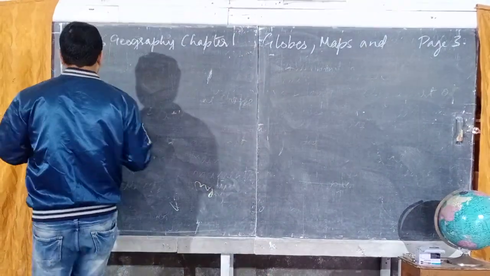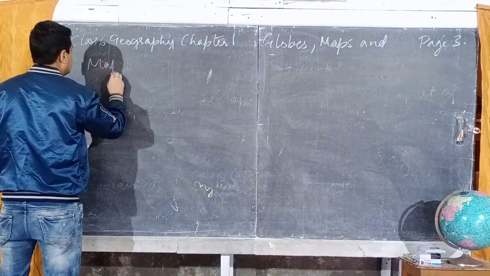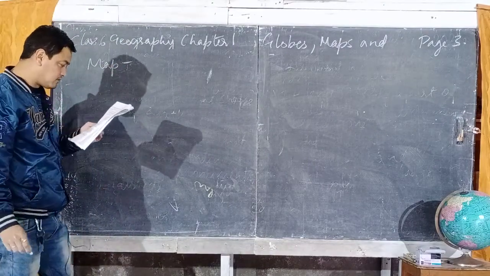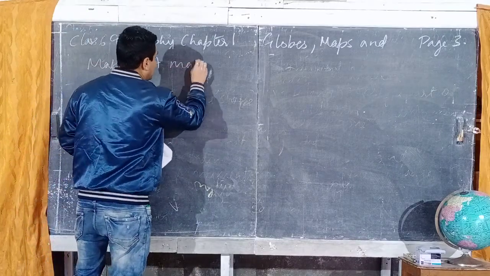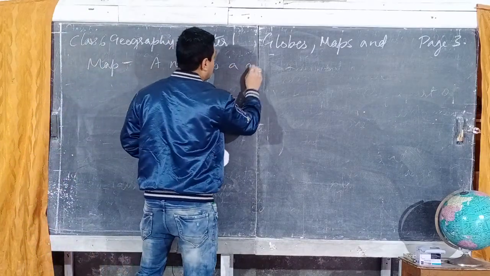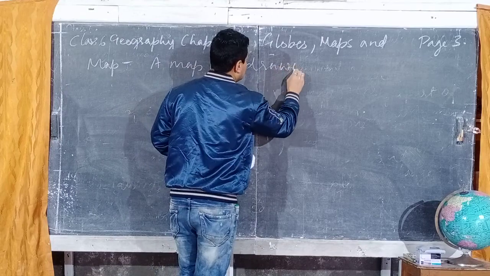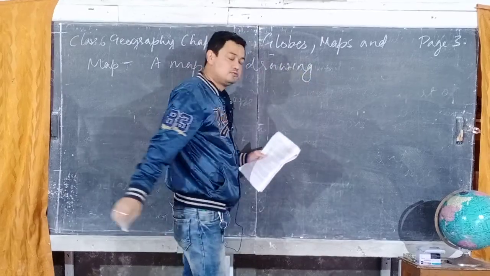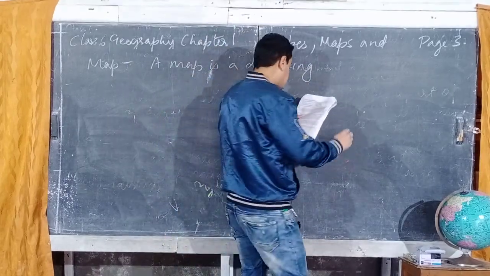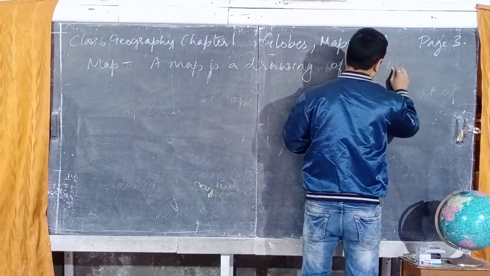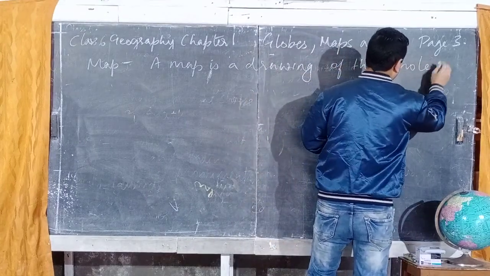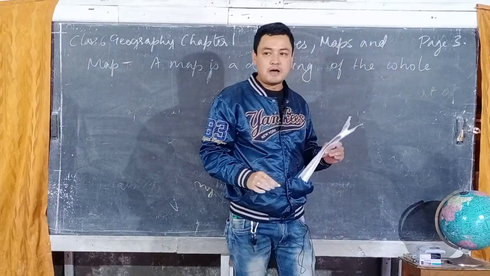So, maps or map, okay? Now, I'm going to write a definition here first. A map is a drawing. Cartographers are the people who draw the map, a drawing of the whole earth. You find the whole map of the world in an atlas.